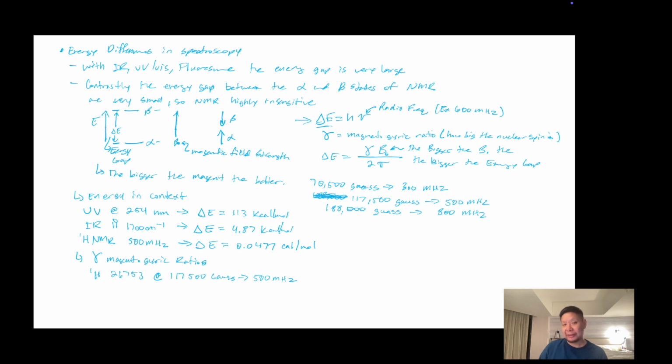So when you're saying I did a carbon 13 NMR on a 500 megahertz, you actually didn't do that, right? Because carbon 13's magnetogyric ratio is much smaller, and remember that's a part of the equation, right?